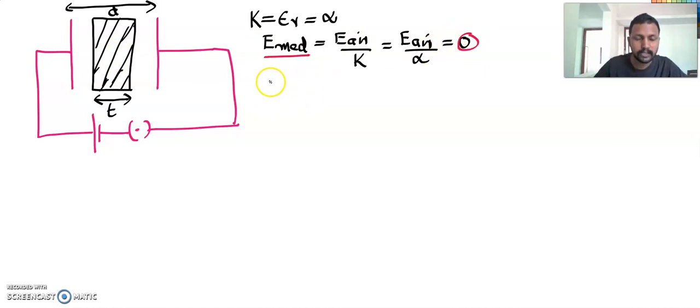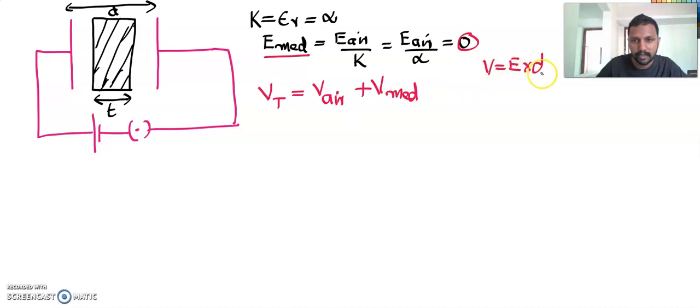Okay, as usual, we'll start by writing the total potential between the plates of the capacitor: it will be the potential where air is situated plus the potential where we are having medium. And we know potential is equal to electric field intensity into distance of separation.